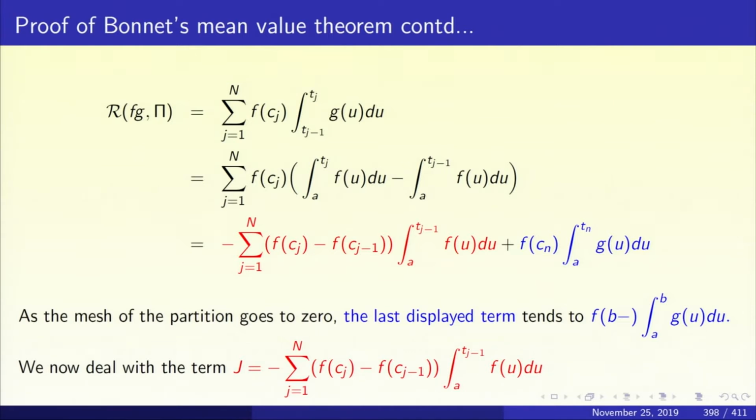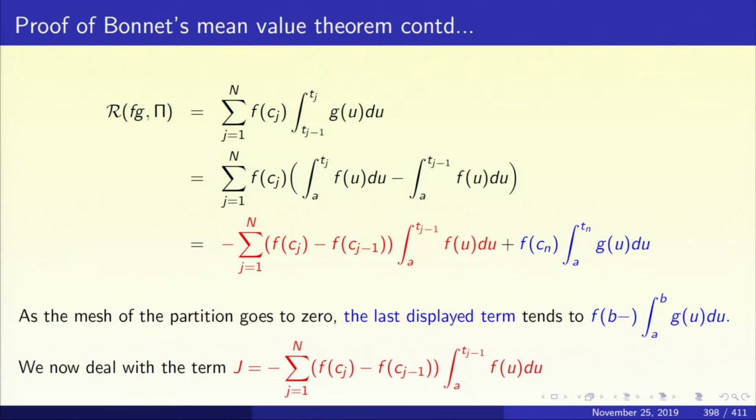So, R(f,g,π) equals summation j from 1 to n of f(c_j) times the integral from t_{j-1} to t_j of g(u) du. This integral we will write as a difference of two integrals, the integral from a to t_j of g(u) du minus the integral from a to t_{j-1} of g(u) du.